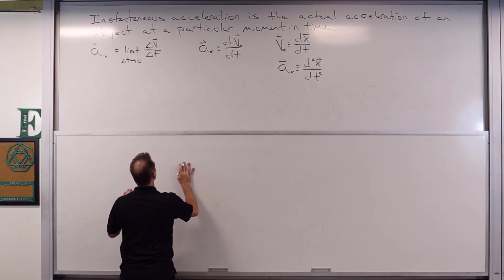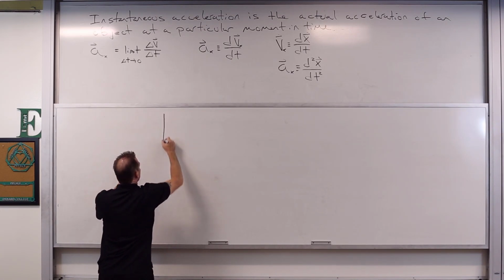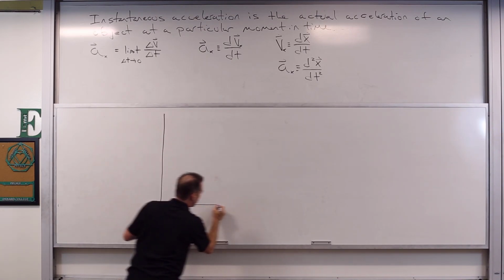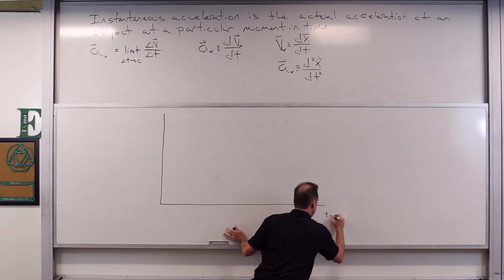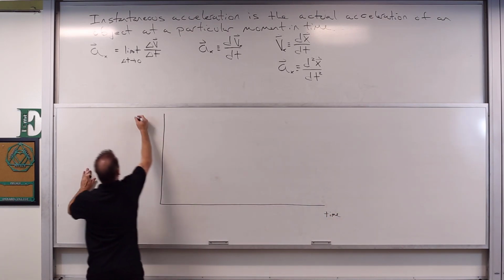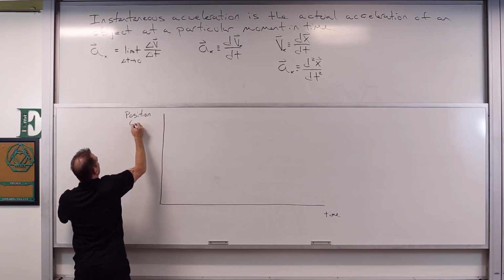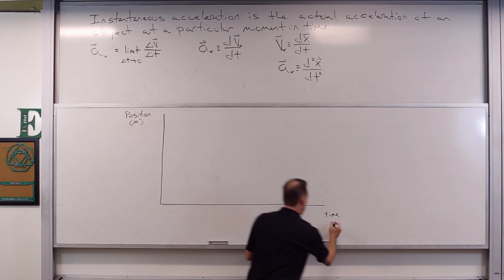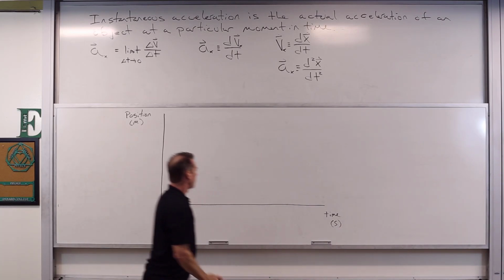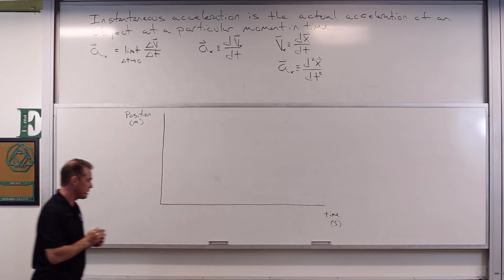So I'm going to draw a nice little XY coordinate system here. We've got time here, we have position here, that'll be measured in meters, this will be measured in seconds, so we're using some SI units.